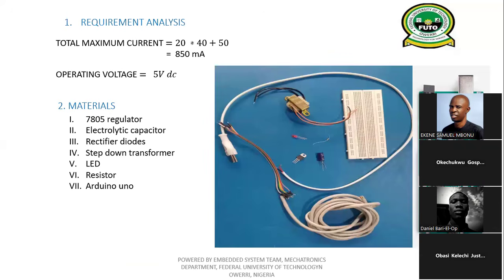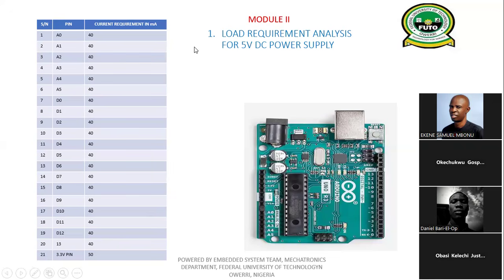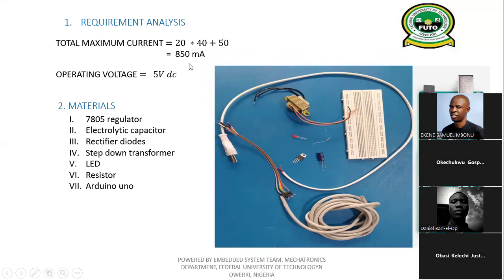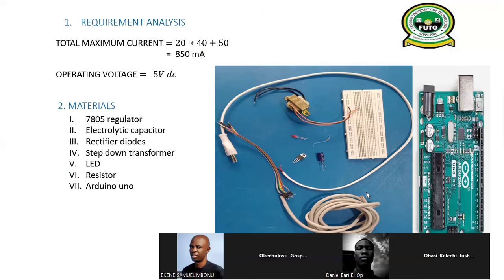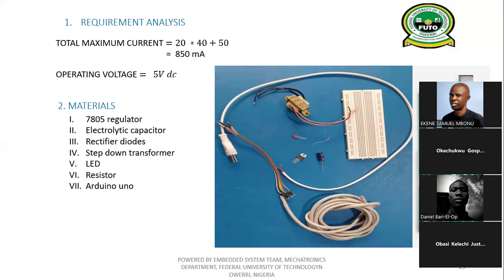So putting them all together, from serial number 1 to serial number 20, we have 20 by 40 to get the maximum current, then plus 50. That gives us 850 milliamps.